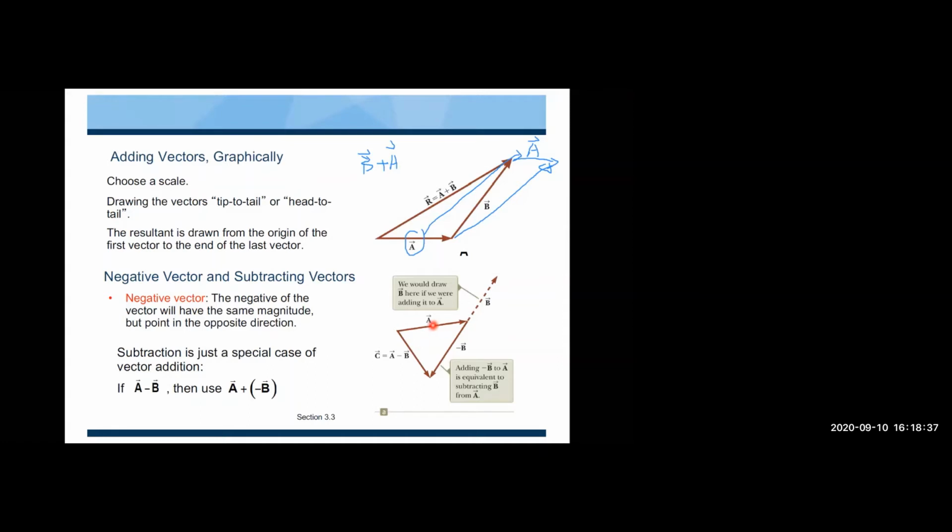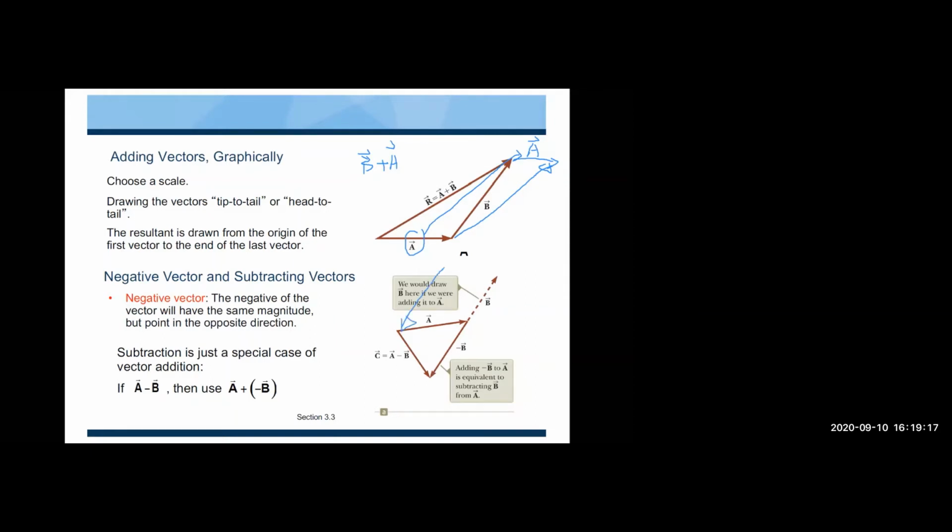If you want to have, say, A minus B, A vector minus B vector, it would be, first, you try to draw a minus B vector like this, and then you add A vector to minus B vector. So A plus minus B, and that would be the C vector if you like. Similarly, of course, you could have minus B vector plus A vector. Minus B vector, if you draw it, it would be something like that.